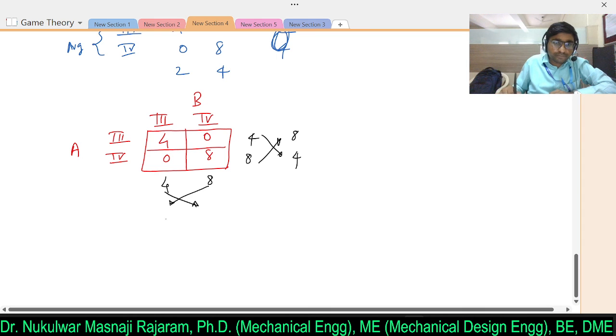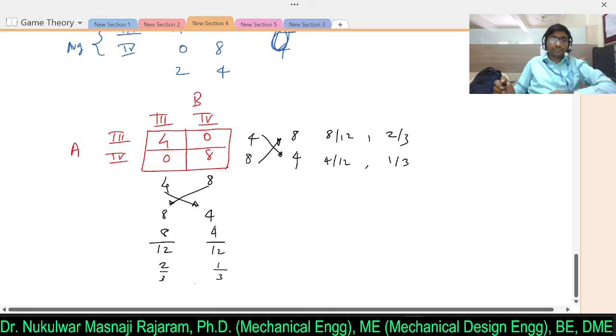Next is 8 divided by 8 plus 4, 12. Likewise 8 divided by 12, 4 divided by 12. So this will be again simplified by 2 by 3, 1 by 3, 2 by 3 and 1 by 3.